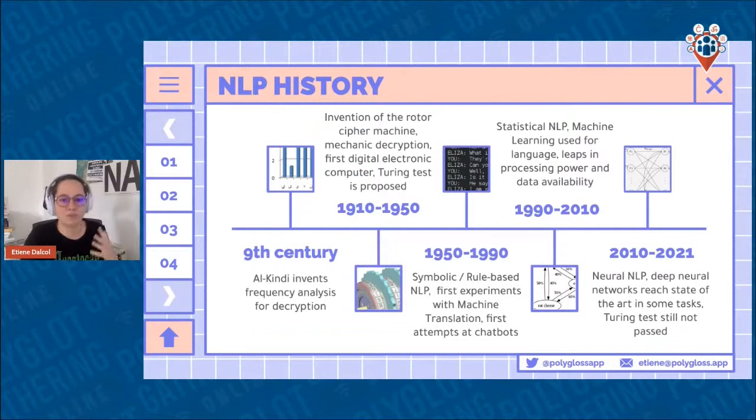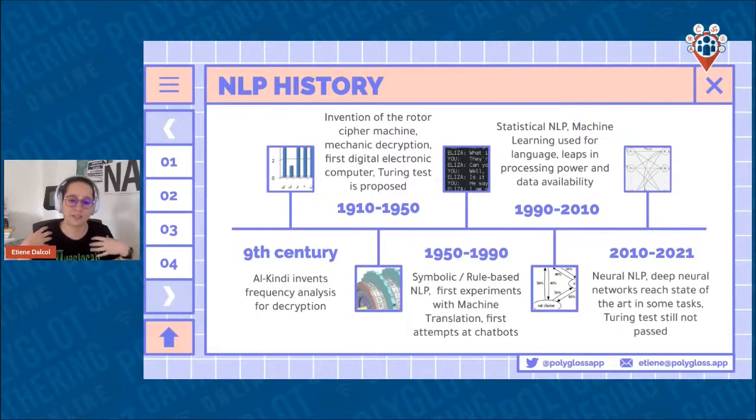Right, so the field itself is a very young research area, right? Some people tie the beginning of it to the beginning of the research in artificial intelligence, which was sort of starting in the 50s and the 60s, and that's when we came to things like the Turing test, which is a test to decide if a machine talking to you is a full artificial intelligence.